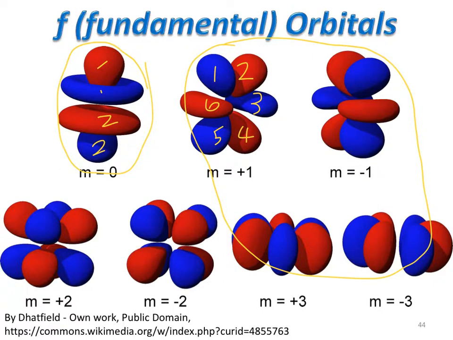And then finally, the last one has 8 lobes. 1, 2, 3, 4, 5, 6, 7, and there's 8 there in the back. There are 2 of these types of orbitals that have 8 lobes.